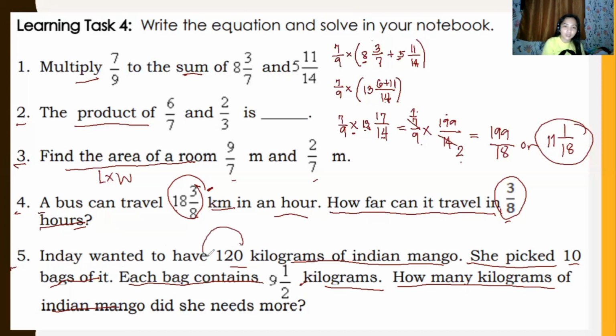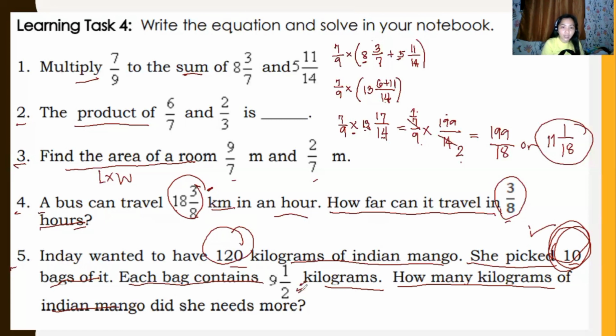So here in problem number 5, we have gusto niya 120 kilograms ng Indian mango. Pero nung maglagay siya sa 10 na bags, nakapaglagay siya sa 10 na bags na ng Indian mango wherein each bag contains 9.5 kilograms. So parang kulang pa siya sa 120 kasi 10 bags na bawat bags ay 9.5 kilograms, so kulang siya sa 120.